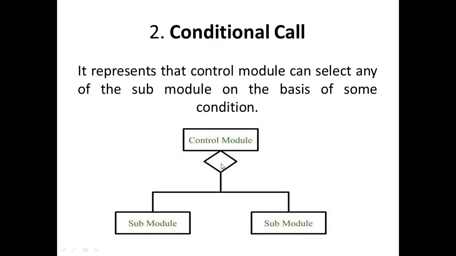Here you can see this diamond shape; you can call it the conditional. We are going to check the condition. The control module will send the data from here, and here we decide whether the answer is true or false, yes or no, and on the basis of the condition we can proceed to solve our process or problem and get the output.